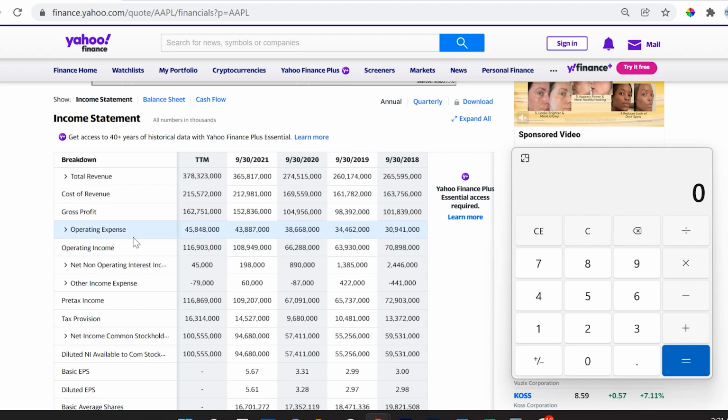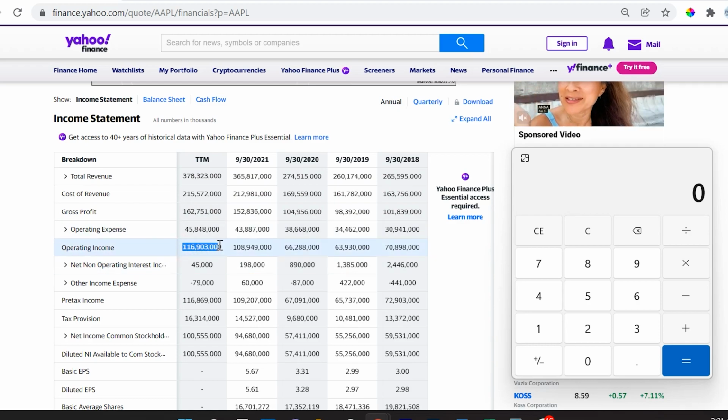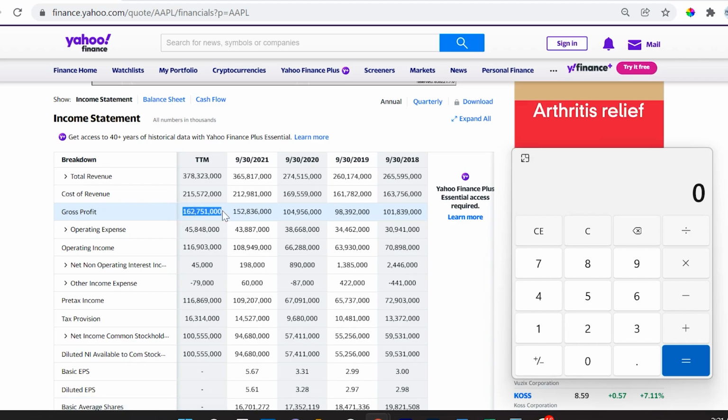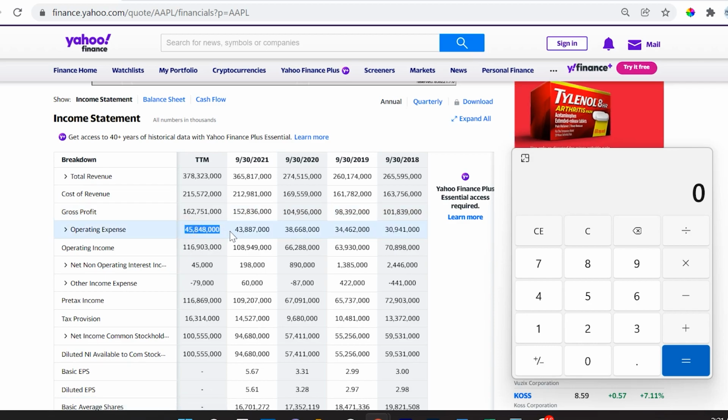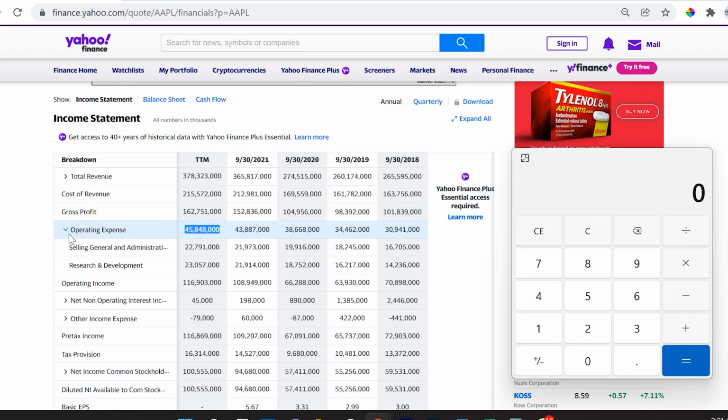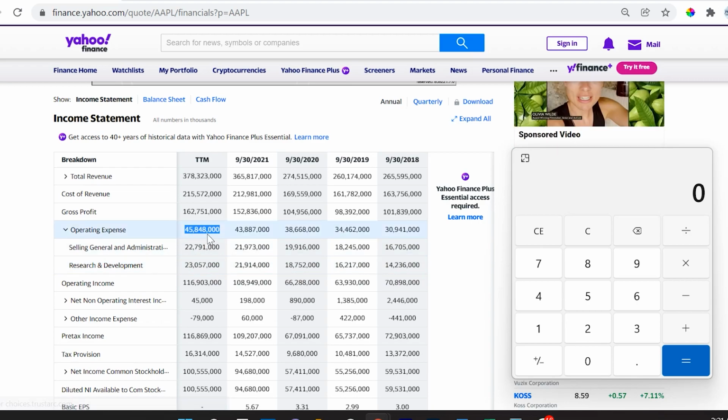But now we want to come up with operating income. How do we get operating income? Well, we take the gross profit and we subtract operating expenses from it. And as you can see here, selling, general, and administrative costs, as well as research and development, which I covered before. If you subtract that from the gross profit, then you get your true operating income.